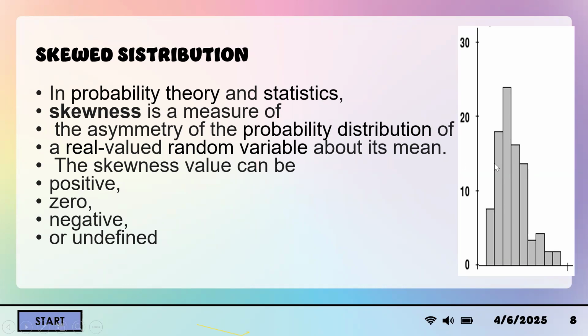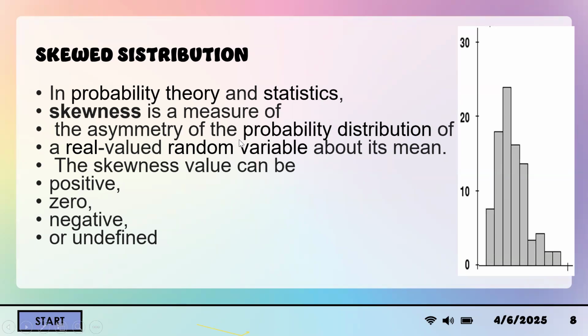So, in this particular chart or graph, you can see that there's the mean, which is the highest point, along with which the values are distributed in either a positive skewness form or a negative skewness form. That means they are inclined either towards the left or the right.